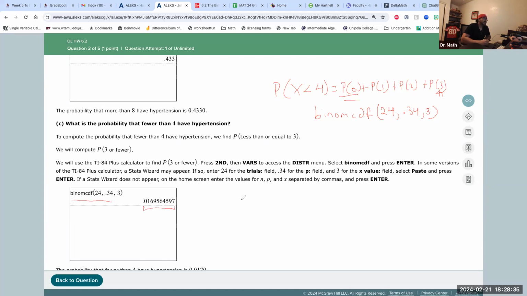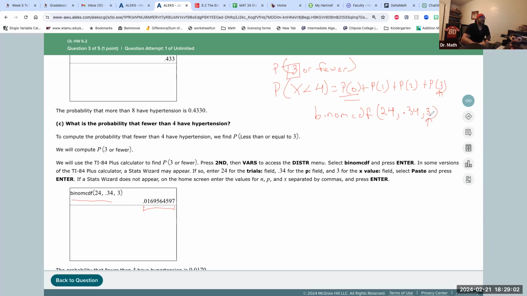All right. So again, whenever you're looking for numbers less, so when I say X is less than 4, another way of writing this is the probability of 3 or fewer. And the reason I like to use this format is because this number right here is going to represent your X value. That's my little shortcut.